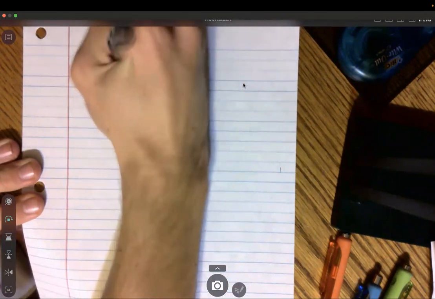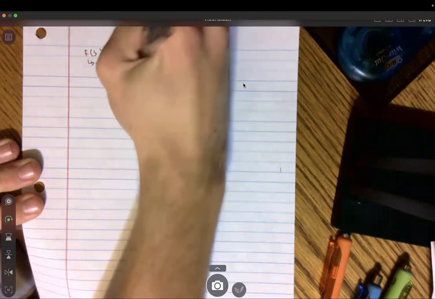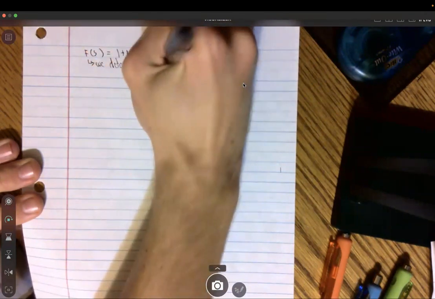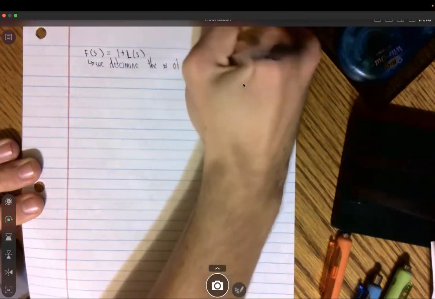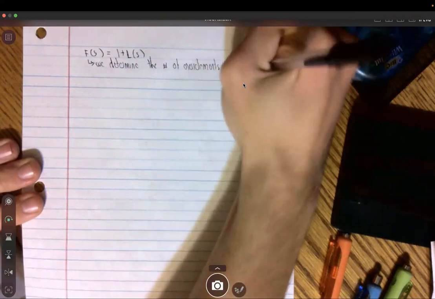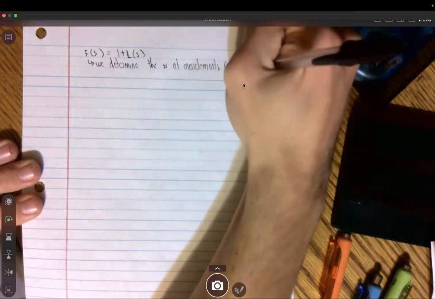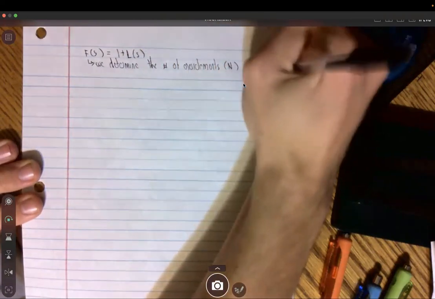From this, we determine the number of encirclements, which remember is just capital N, of the origin, which is at 0, 0.